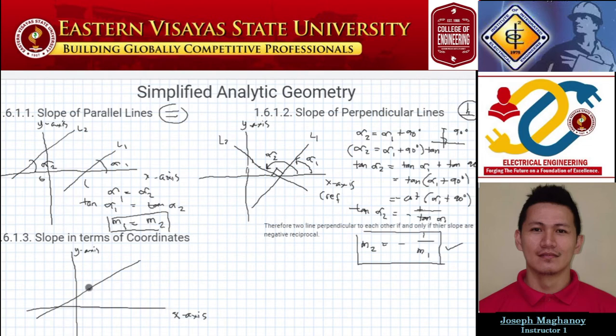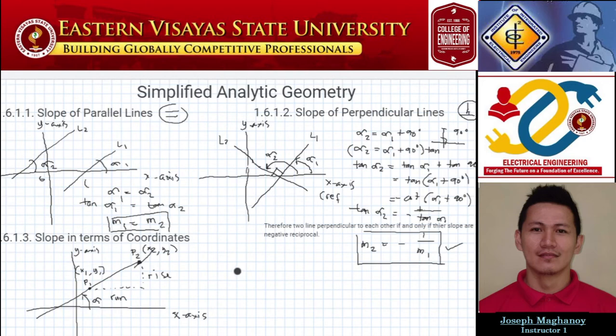This is your point 1 and this is your point 2. Point 1 has x sub 1 and y sub 1. Point 2 has x sub 2 and y sub 2. So this is our run and this is our rise.